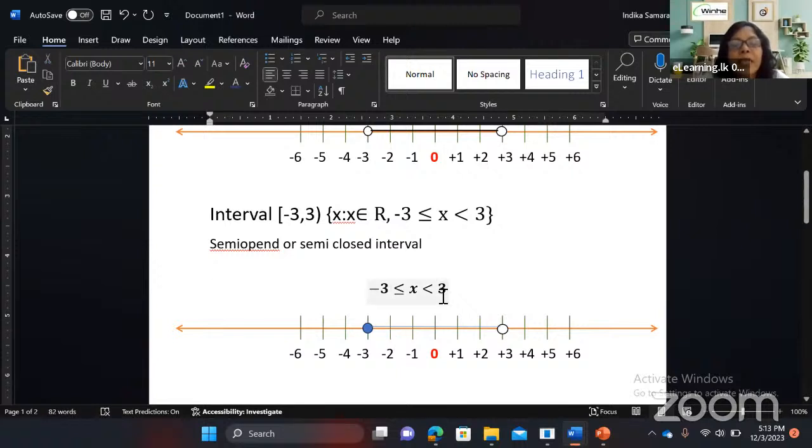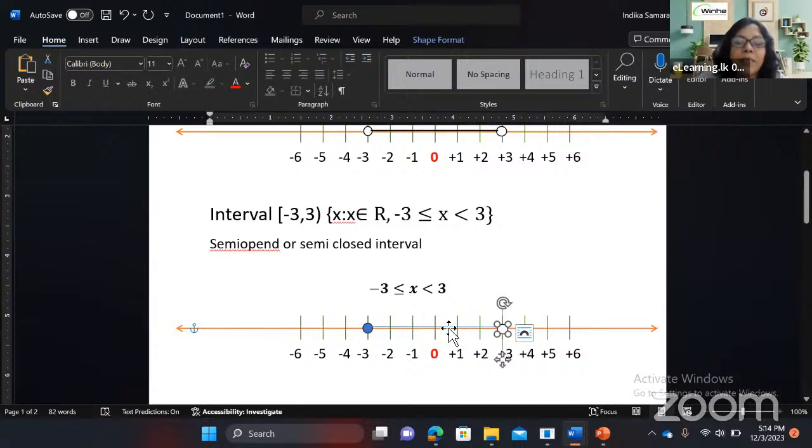Then here it says x is greater than or equal to -3 and less than +3. Here it doesn't have an equal sign. Therefore, we represent +3 with an empty circle.